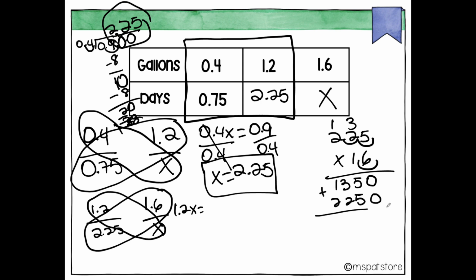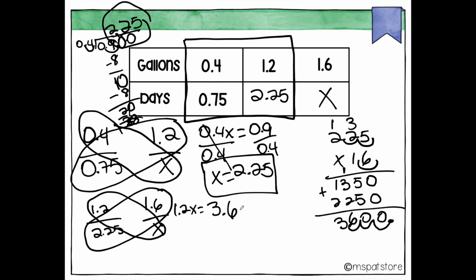Now I'm ready to add. 0. 5 plus 5 is 10. 3 plus 2 is 5 and 1, 6. And 2 plus 1 is 3. As I shifted my decimal point 3 spaces out, I'm going to bring it back again 3 spaces in. 1, 2, and 3. So I'm going to use 3.6.